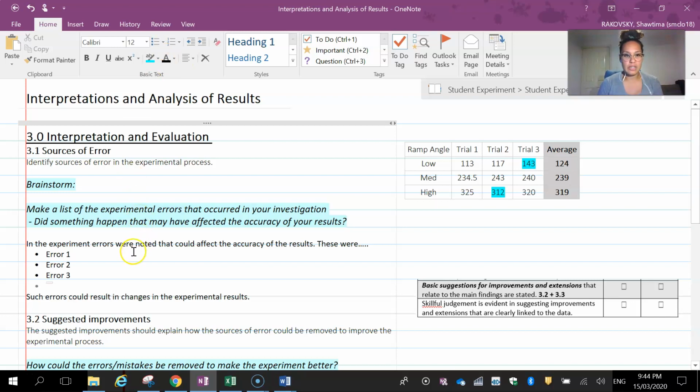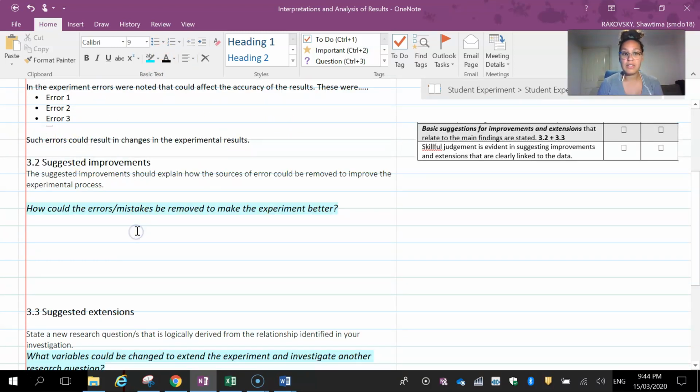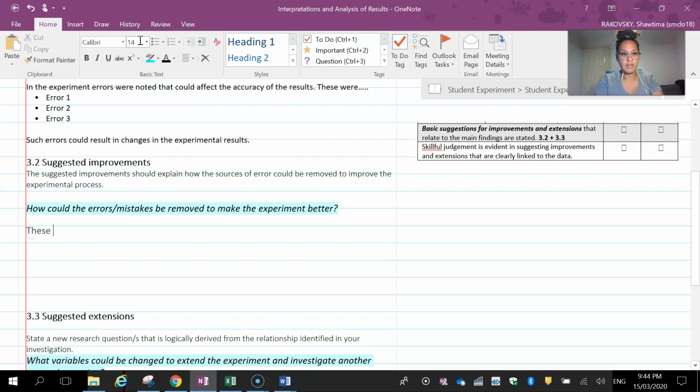So those are the experimental results. Now, how could these be removed? If you've got 3 different little errors here, these errors could be removed if the following improvements were made.